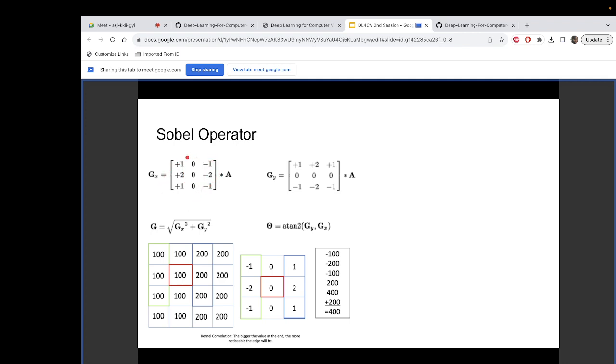Suppose this is one such operator matrix that is there. Now when you superimpose this on the image itself, you can see that everything is color coded. These are all yellow in color, so the yellow parts will match with the yellow; this particular column will match here, the 200s here.